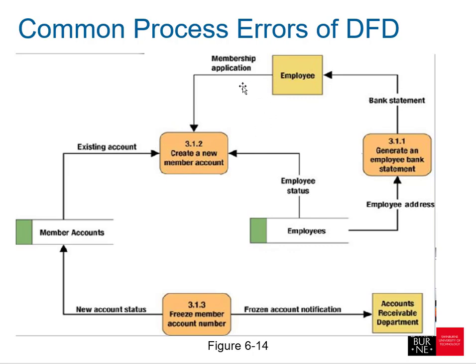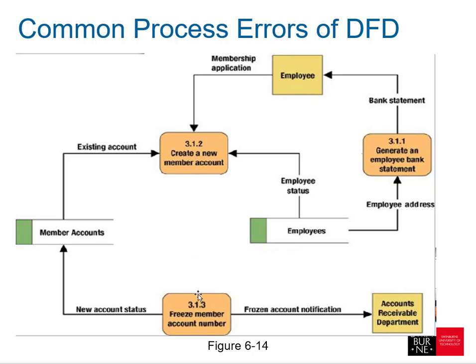Right, now there is a problem here. You can see information comes in, but there is no way the information goes back. It's stuck in this process. So it looks like a black hole, right? Nothing goes out from this process. So this is an error. Okay.